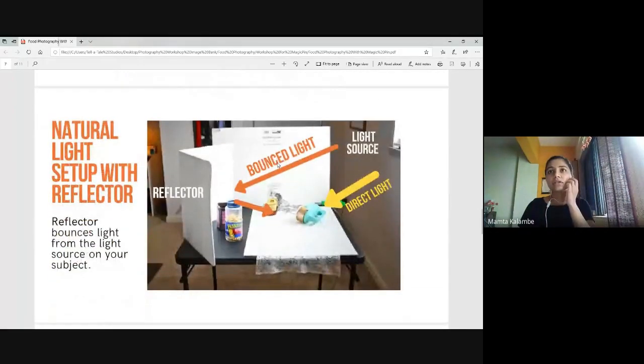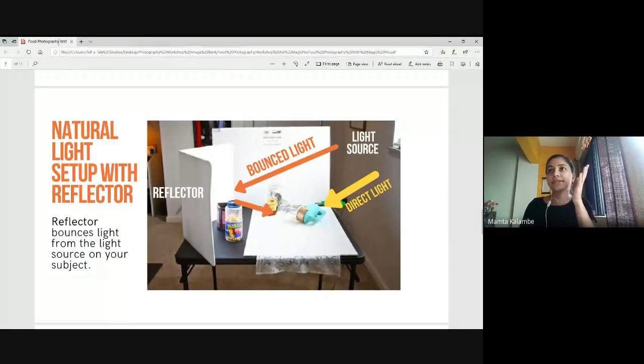I'm just going to show how my natural light setup looks. On the right, you see this is the window from where the light is falling, and this is the subject that we have. When the light falls directly this way, the left portion of the subject usually becomes dark, right?